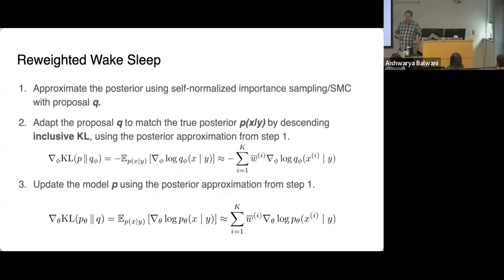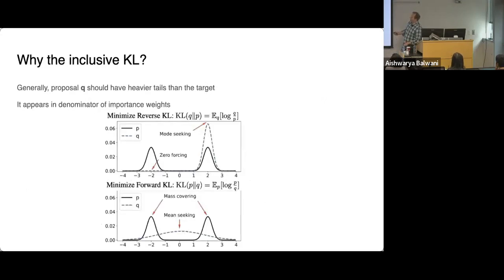But one question that nobody asked that I thought might come up is why are we using this inclusive KL divergence? Why KL(P||Q) instead of KL(Q||P)? One reason is that they have different properties in how they measure distances.